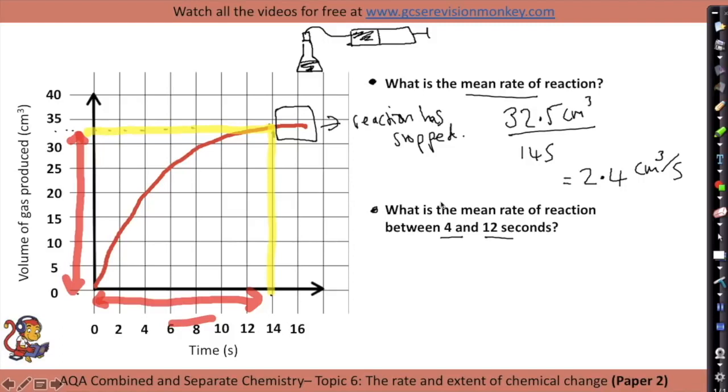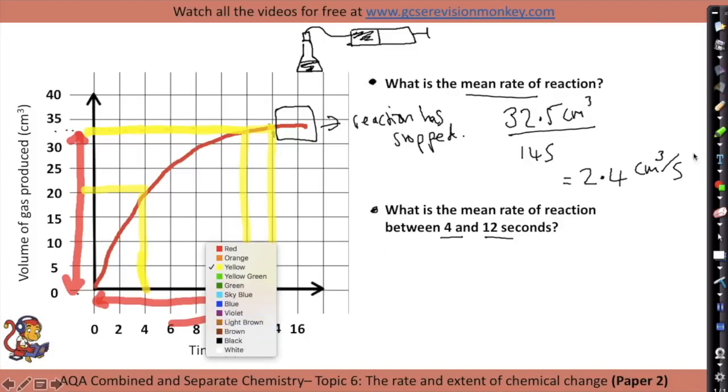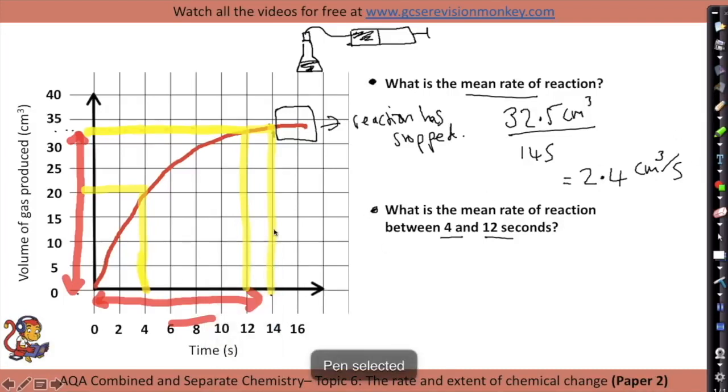If we take two different time points, the mean rate of reaction here between 4 and 12 seconds, well, for 4 seconds we'd go up to the line at 4 and across, and for 12 up to the line at 12 and across where we've gone already.